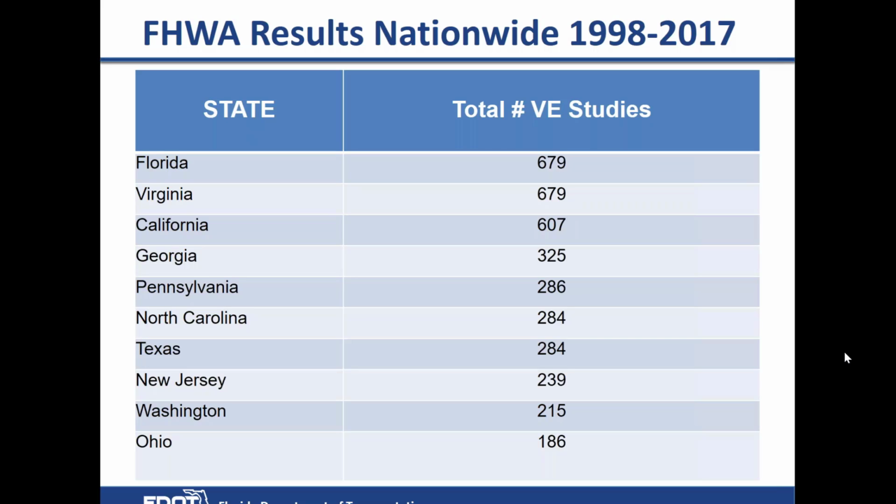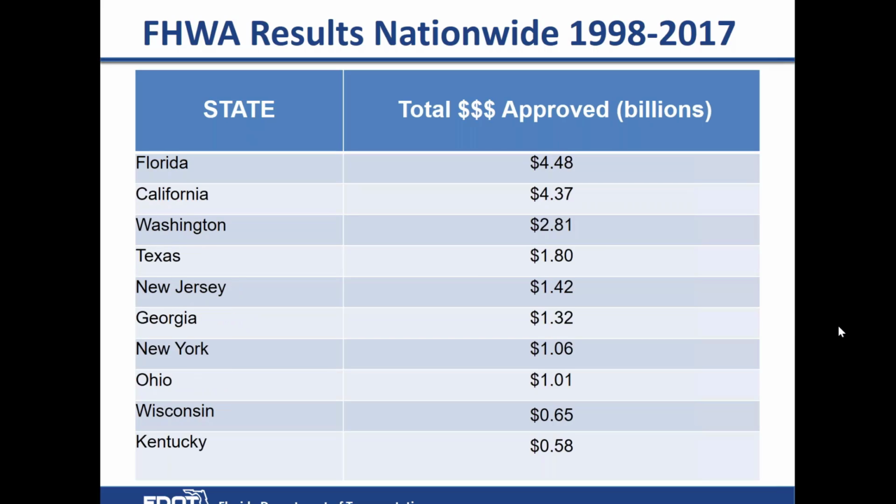And once you get past California, all three of those states have more than doubled the rest of the 47 states. In approved cost avoidance, you'll see that Florida again leads with $4.48 billion avoided over that 19-year period. And again, between us, California, and Washington, everything is more than doubled in the 47 other states.